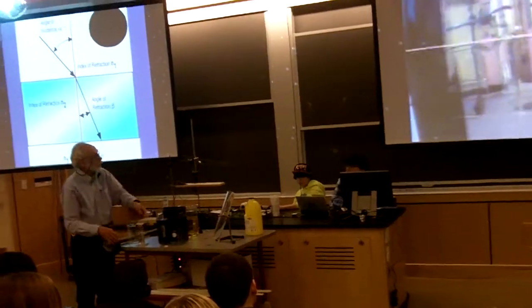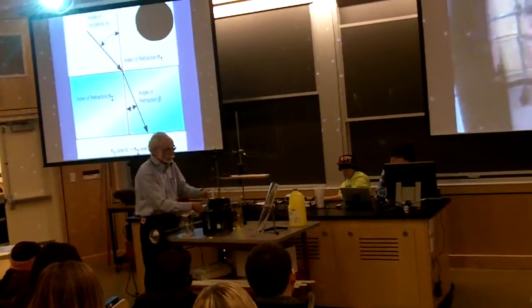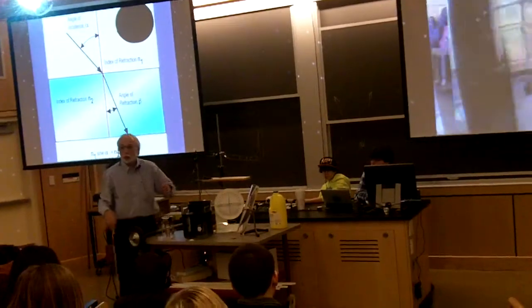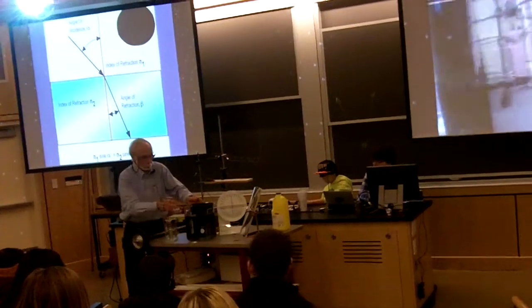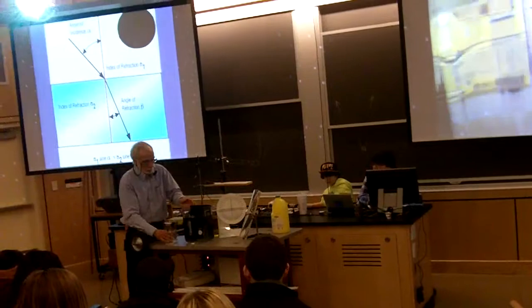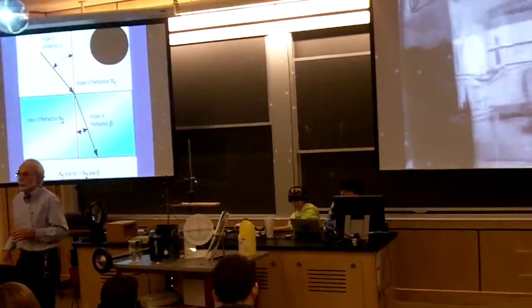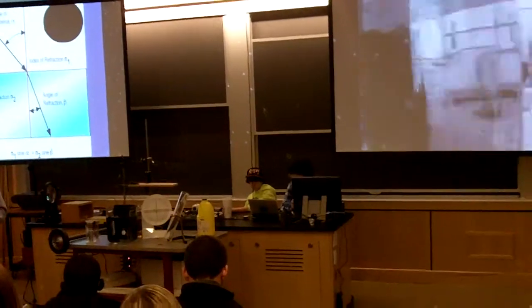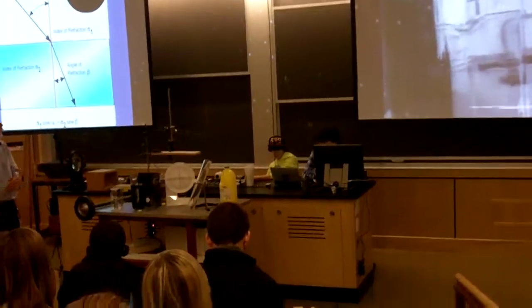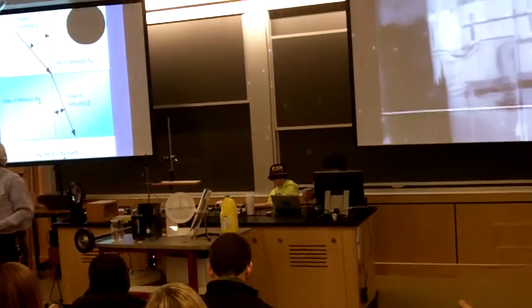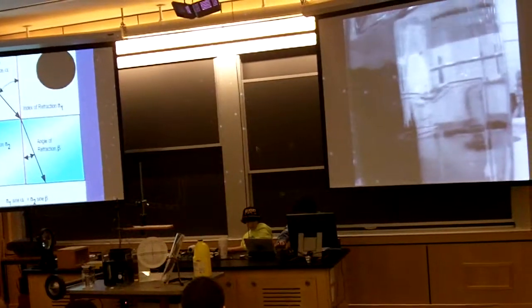I mean, if I were washing dishes, I would have no trouble whatsoever reaching in and grabbing one of those glasses, right? And the reason is that each of them has a different index of refraction, which means every time the light crosses a boundary, it bends. And so the image that we see through this clear stuff gets distorted at the boundaries.